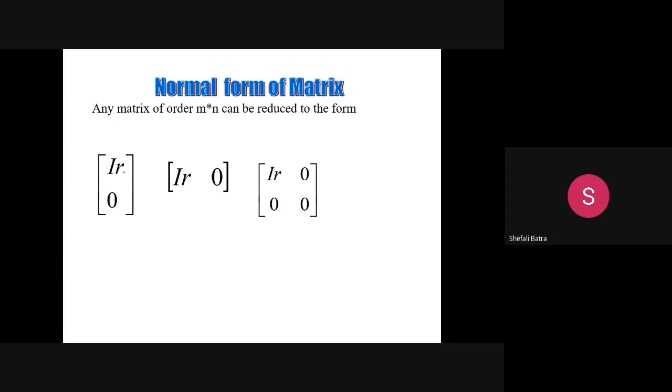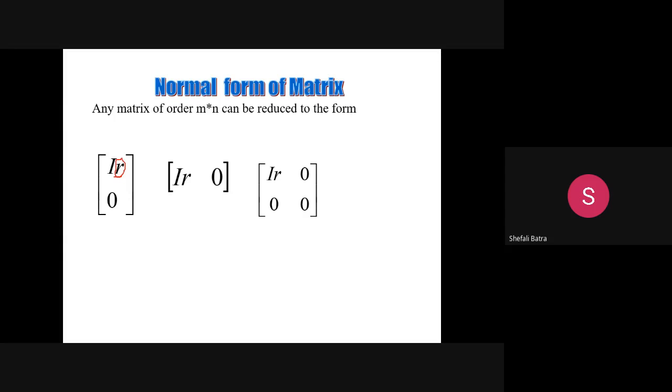What is I_r? I_r is the identity matrix of order r. If you are able to reduce the given matrix into either of these forms, then this is known as the normal form of a given matrix. And this r represents the rank of that matrix.